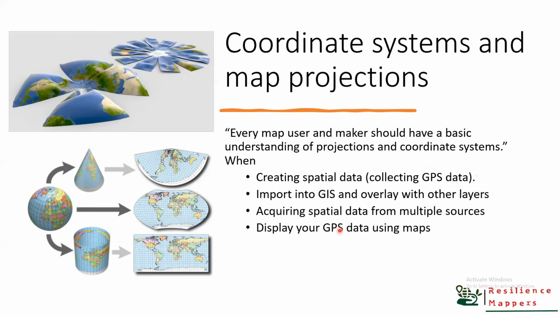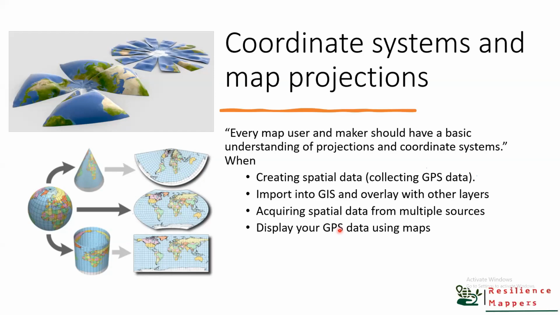Then even when you're displaying your data using maps at the end, when you're presenting your map, it's very important that your final output also displays the coordinate system, so that someone knows the coordinates shown on the map are from this coordinate system, because there are very many coordinate systems.